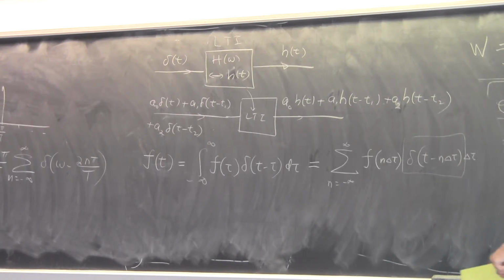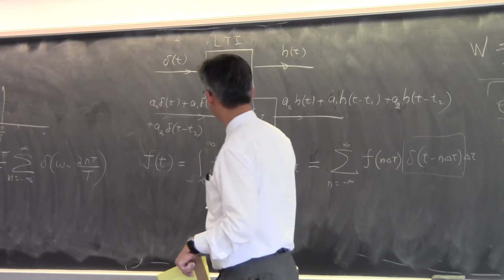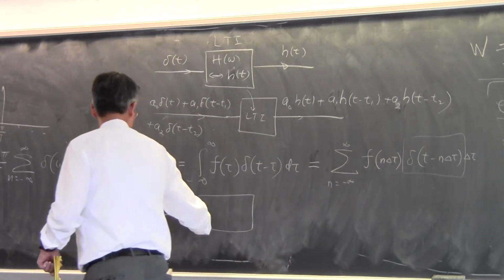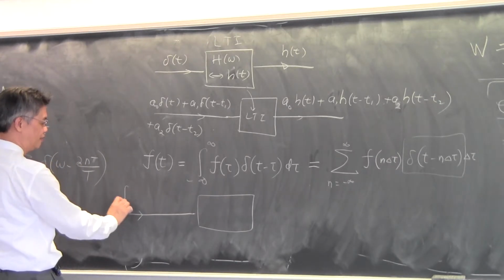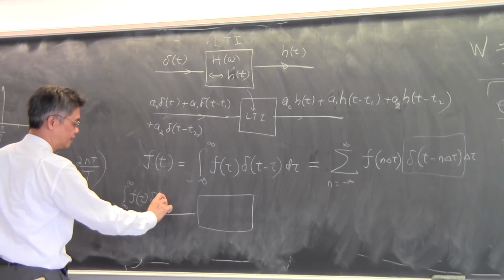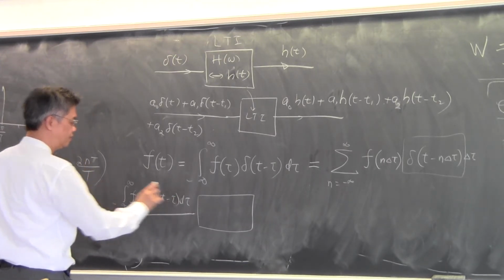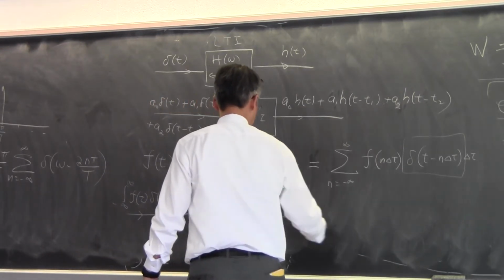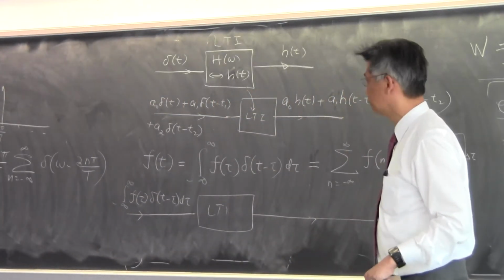Okay? So if I were to give you this picture as my input, which is now the integral summation of f(tau) delta(t minus tau) d tau, into the same LTI system, what do you think the output would be?